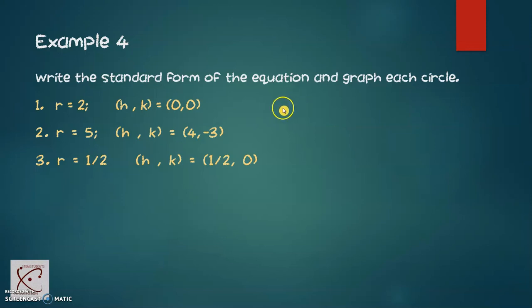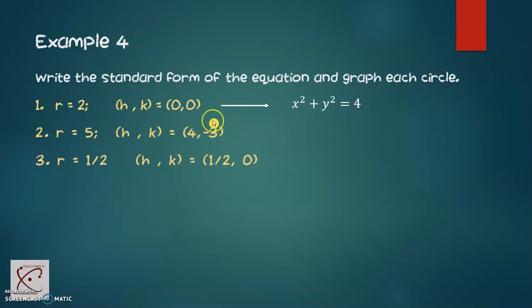And our standard form equation for number 1 is x squared plus y squared is equal to 4. So, 2 squared is equal to 4. We square our r.